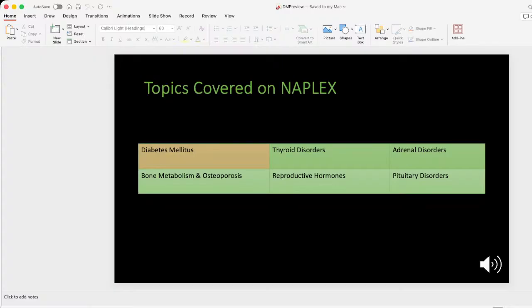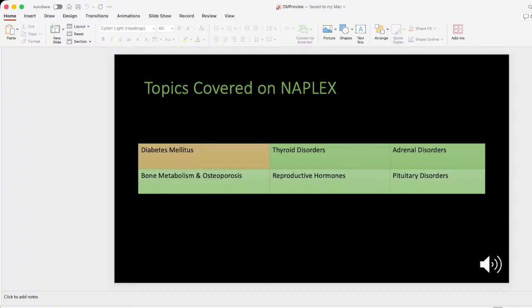Be sure to know what drugs are used in each of these different disease states that's covered in the endocrinology section of the NAPLEX, because they could ask a question on that. And also, it's important to know, especially when you're in practice, helping patients.